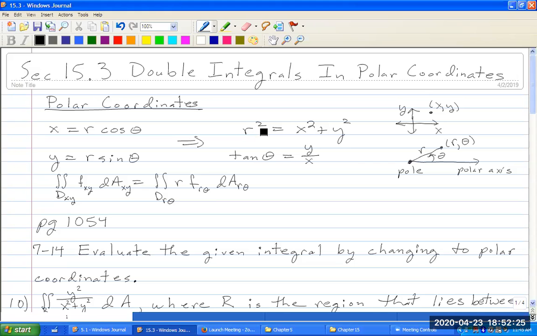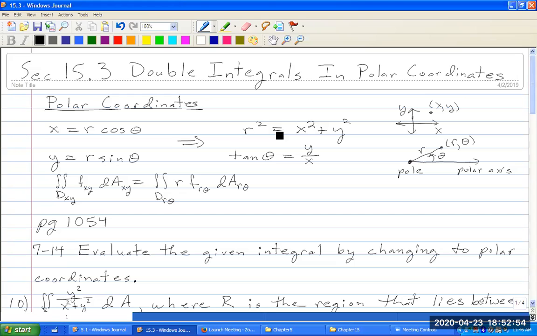For one, I can take either the positive or negative square root. And for theta, maybe I could wrap around the pole several times and get back to the same point. That's the arbitrariness we have to live with when we're talking about polar coordinates.